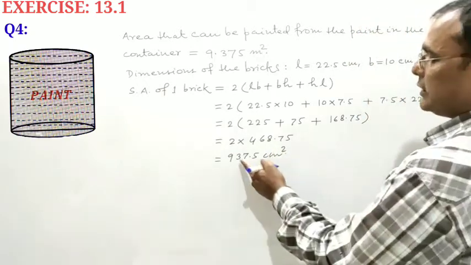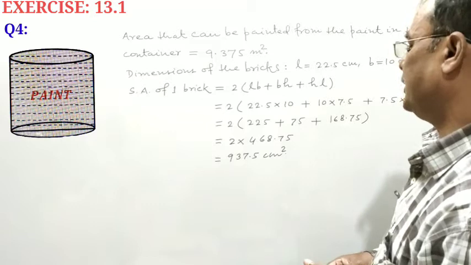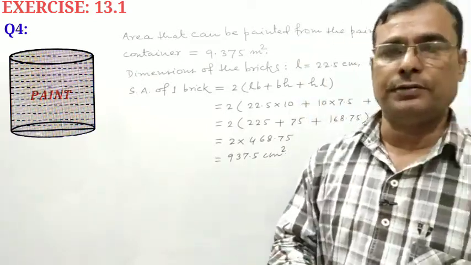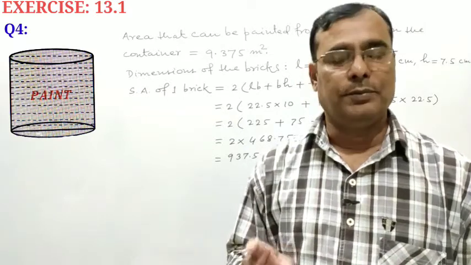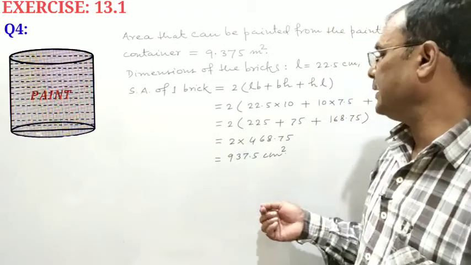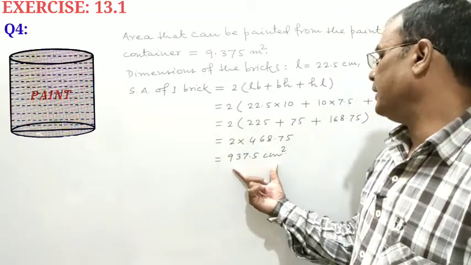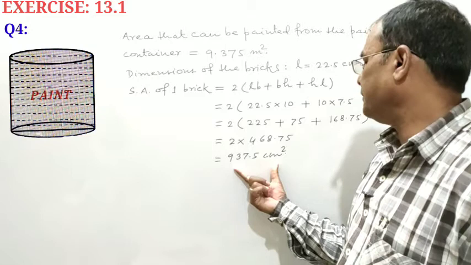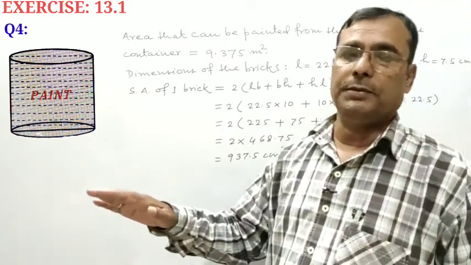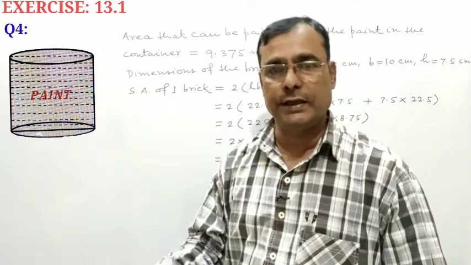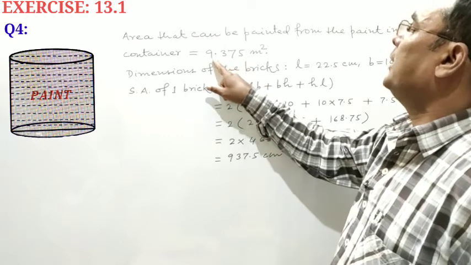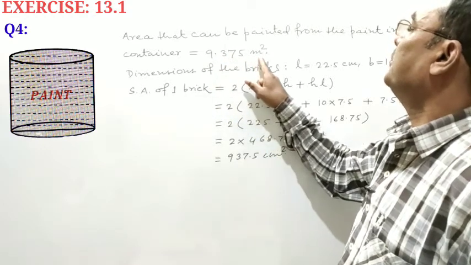So 937.5 centimeter square is surface area of one cuboidal brick. So if one brick is to be painted, this is surface area, 937.5 centimeter square, and total area that can be painted from the paint in the container is given, 9.375 meter square.